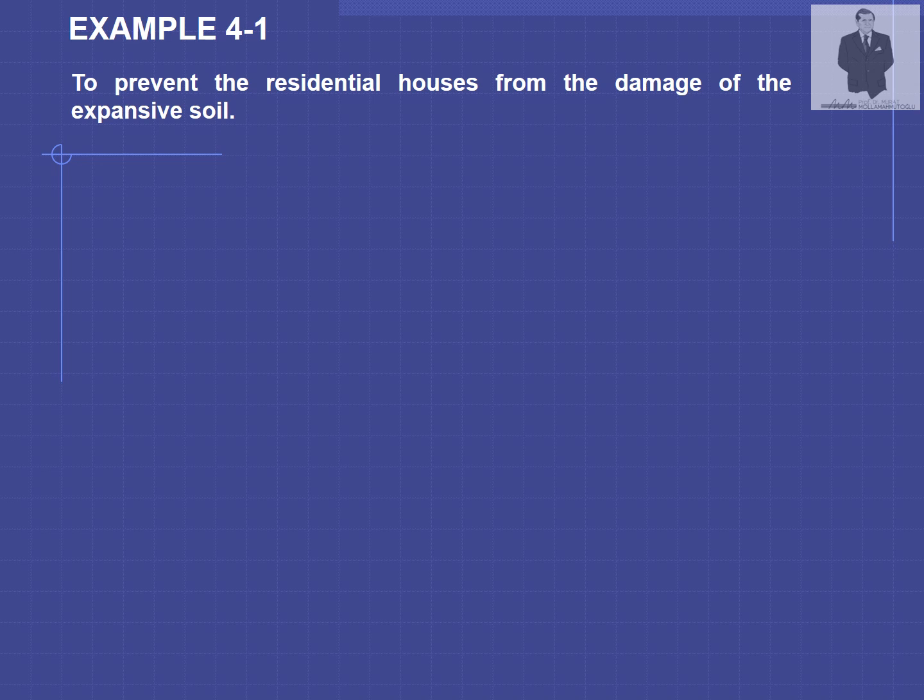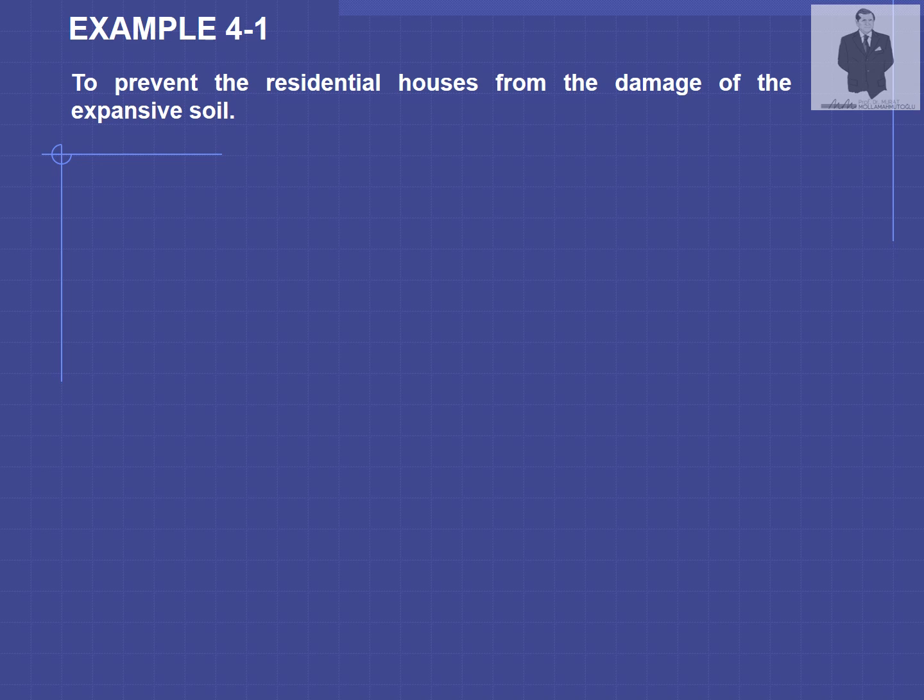Now, expansive soils are very problematic soils in geotechnical engineering because when they get in touch with water, their moisture content increases, and as a result, the volume increases.